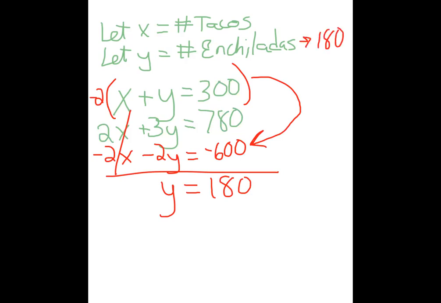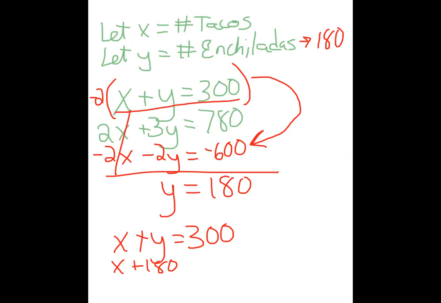But I still don't have the answer to my question, because the question was, how many tacos did they sell? Well, remember, to find the other variable, you just go back to one of your originals. So let's go right back to this x plus y equals 300, that original equation. And now that I know that y is 180, I can solve this pretty easily.